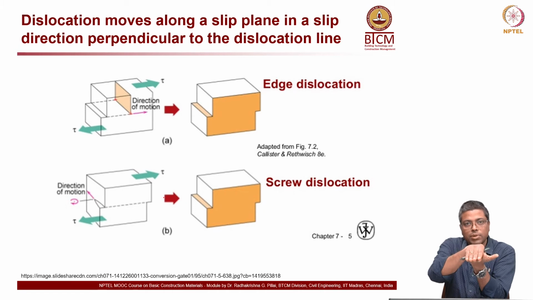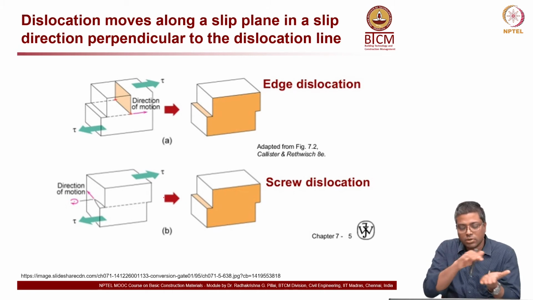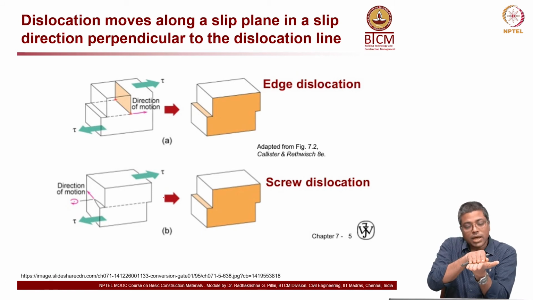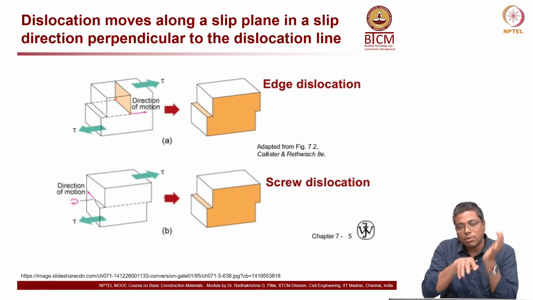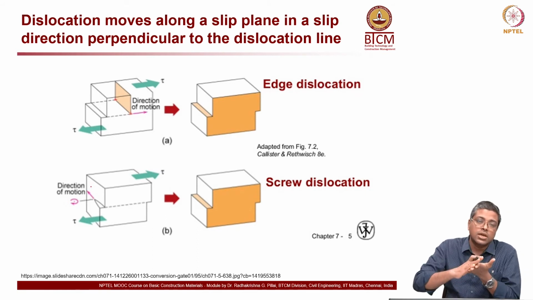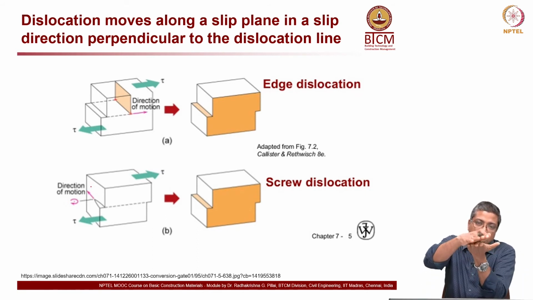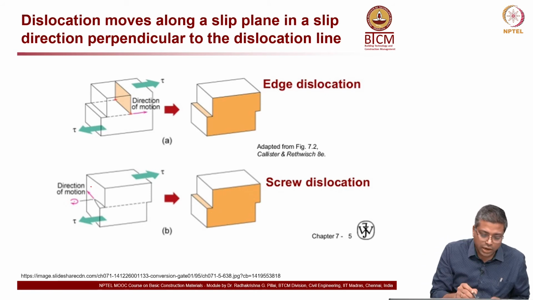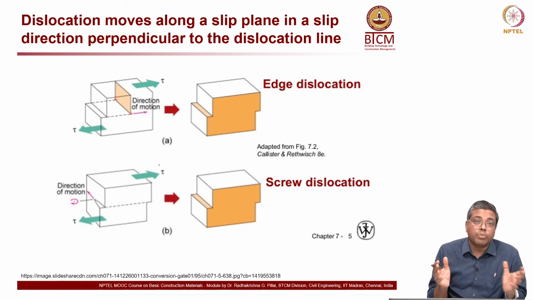But if I apply the force in the same direction, and because of some kind of internal rearrangement the direction of motion is different, they are not parallel to each other.